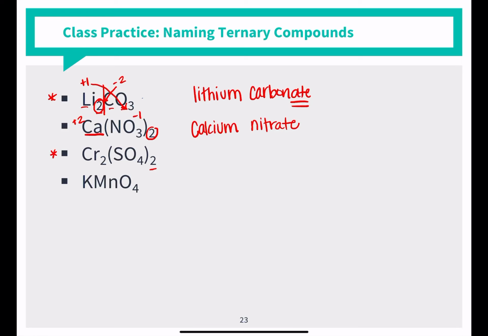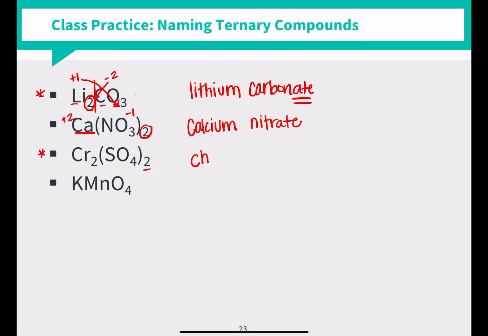The next one, the first element is chromium. Chromium is a transition metal, so we're not sure on the charge of it, okay? Like in our ionic compounds, we're going to need to put a charge in parentheses before we name our last part, which is going to be sulfate, keeping that ate ending on there.